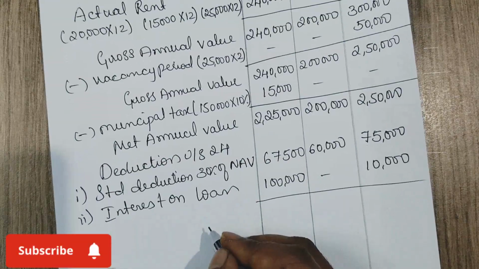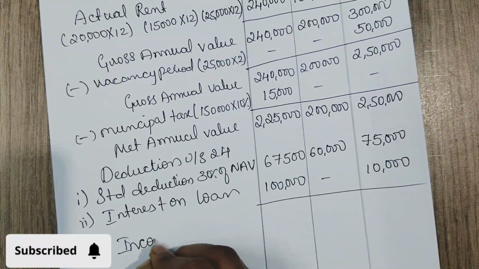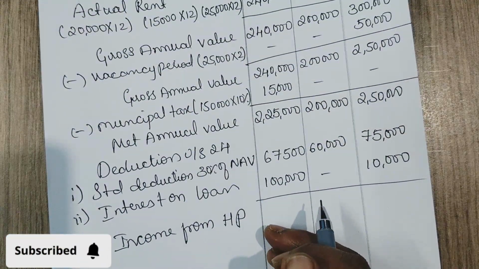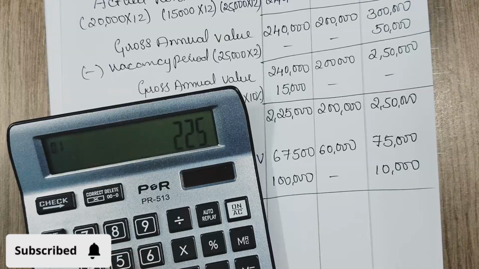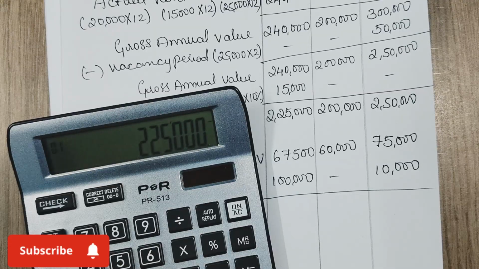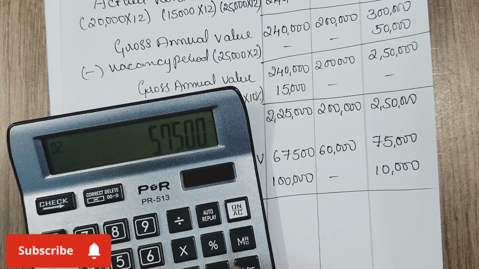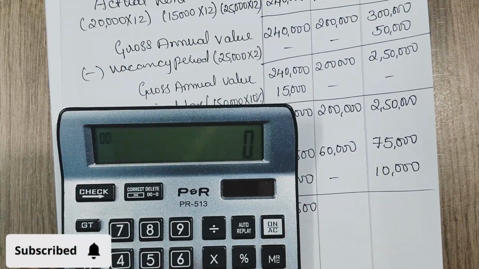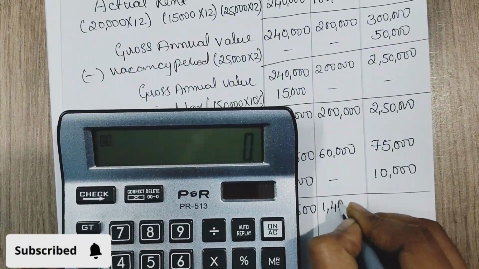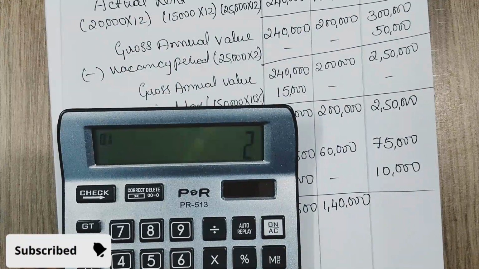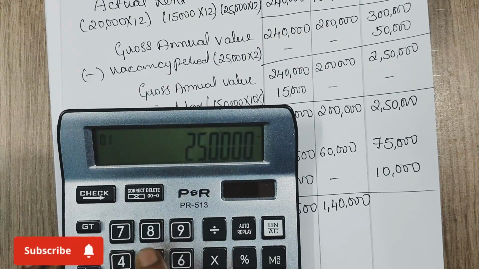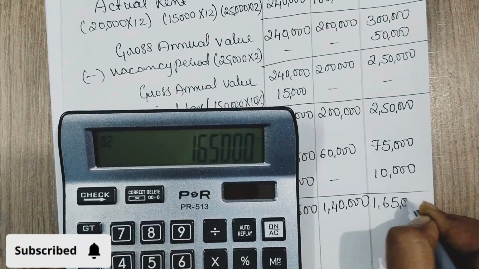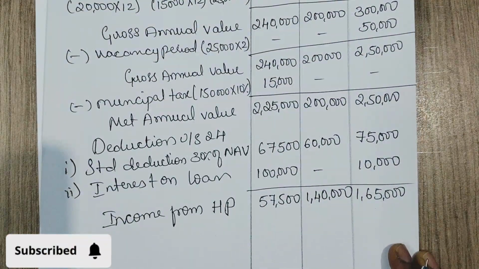Now income from house property. 2,25,000 minus 1,67,500 is 57,500. 2 lakh minus 60,000 is 1,40,000. 2,50,000 minus 85,000 is 1,65,000. This is the income from the house property.